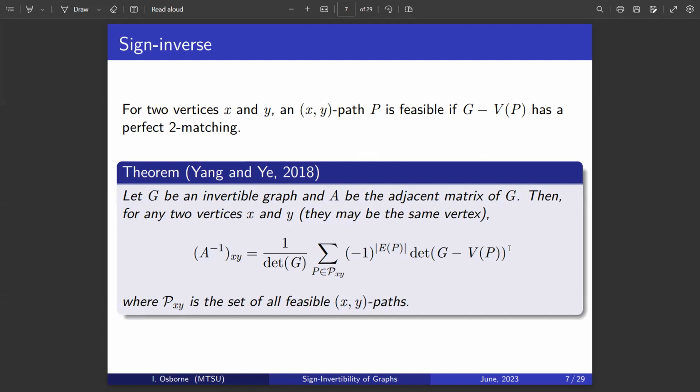We'll get into more detail on this in a little bit, but you choose a vertex x and you choose a vertex y. You take every possible path between those two vertices. You take a path, you eliminate that from the graph, and then find the determinant of what's left over. You take all of those possible feasible paths and add their determinants up. And that is your entry in your inverse.